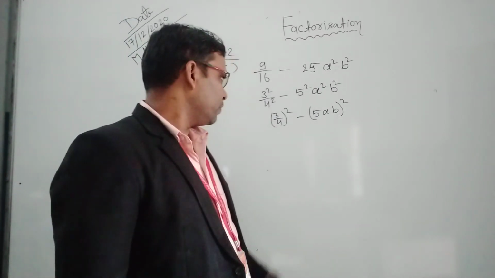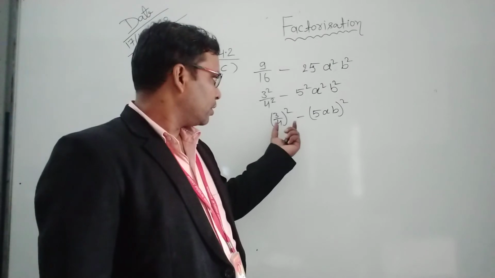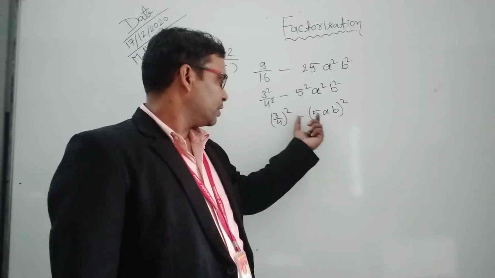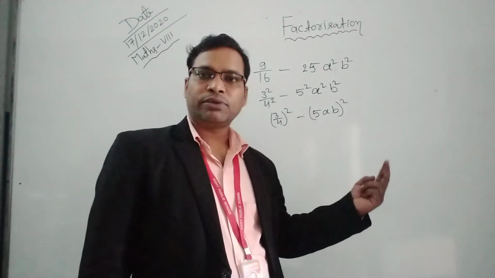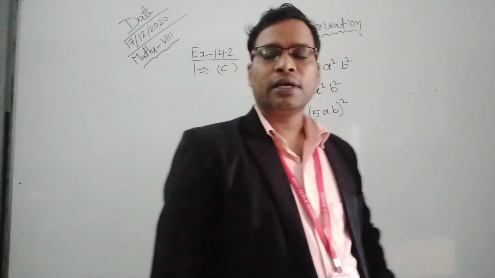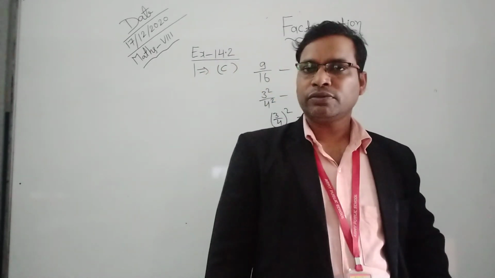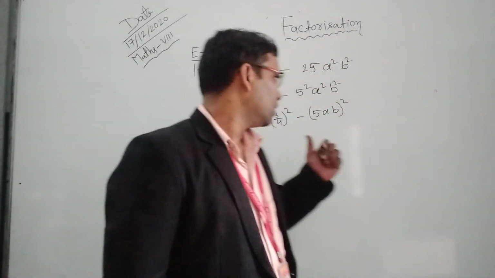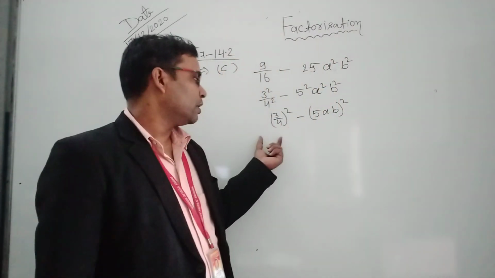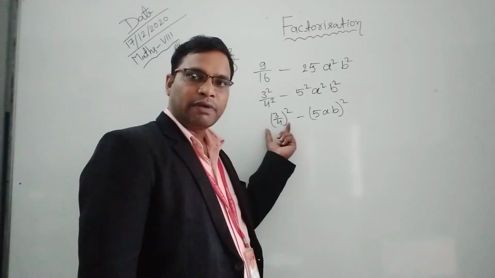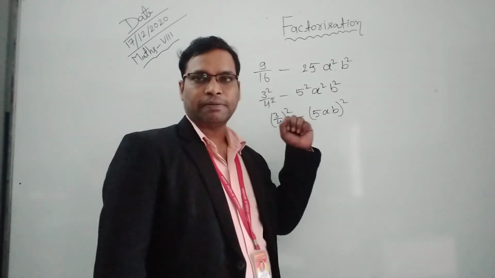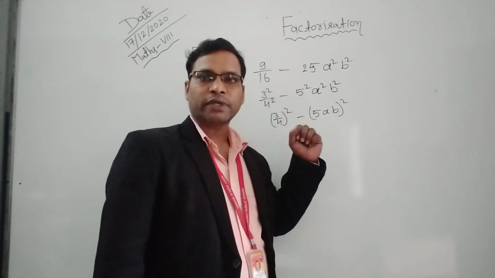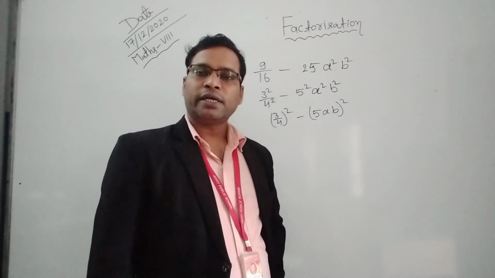Now, students, you can see this is a difference of 2 squares. So what do you remember for this statement, (3 by 4) whole square minus (5ab) whole square? Basically here you use the third identity.